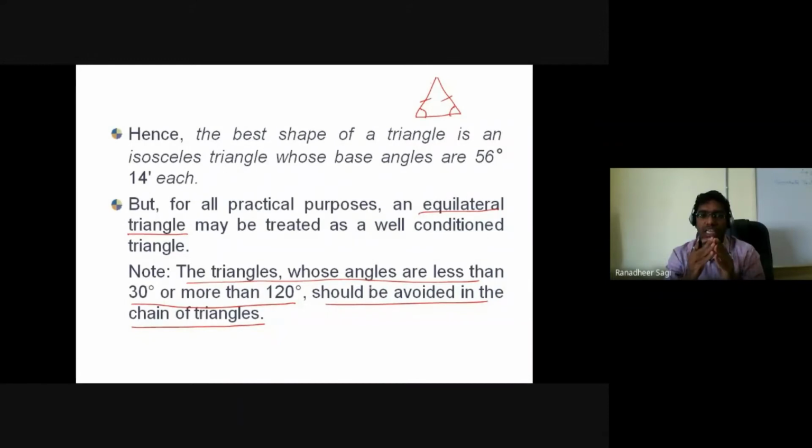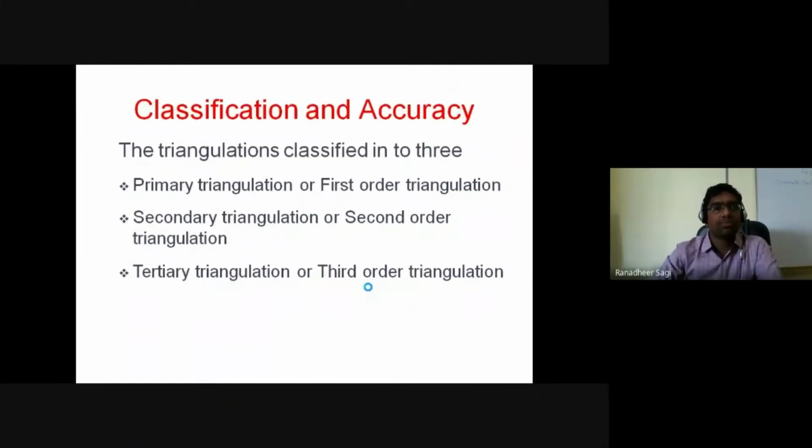If one angle itself is more than 120 degrees, obviously among the other angles you compute there would be at least one which is relatively very small. That is why it is suggested to avoid angles of less than 30 degrees or more than 120 degrees when you construct your triangulation network.